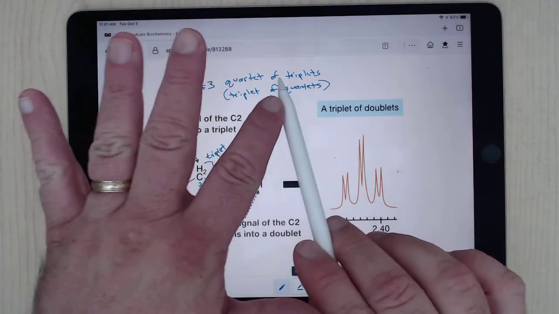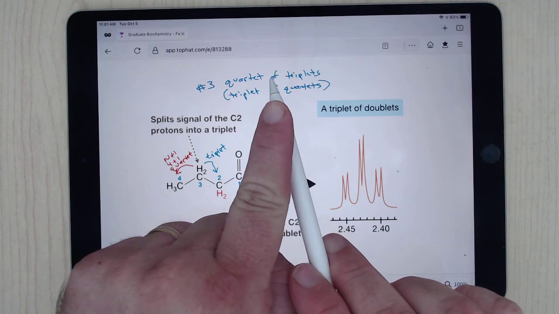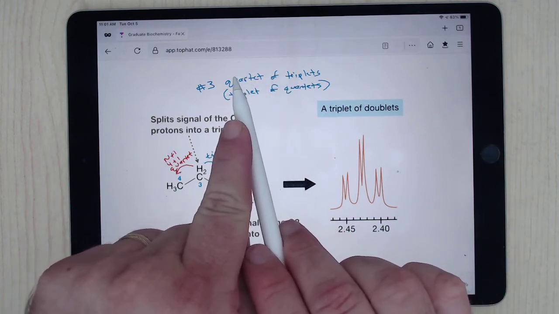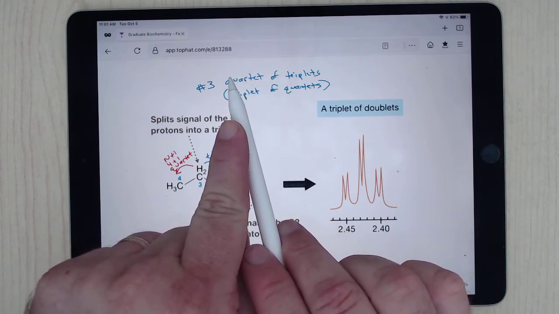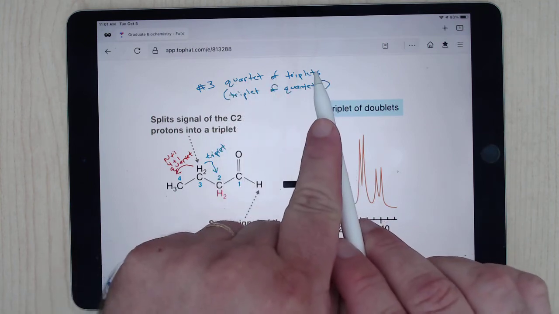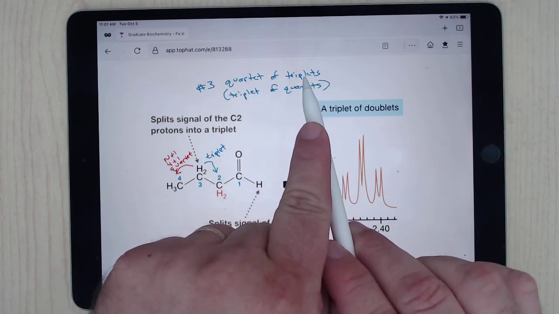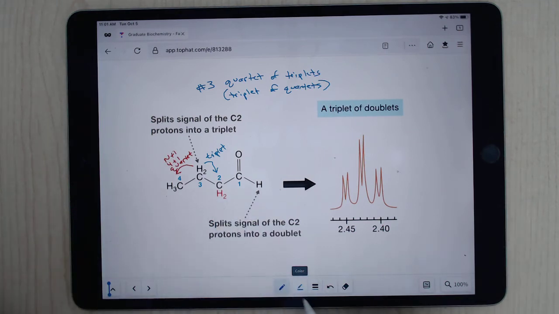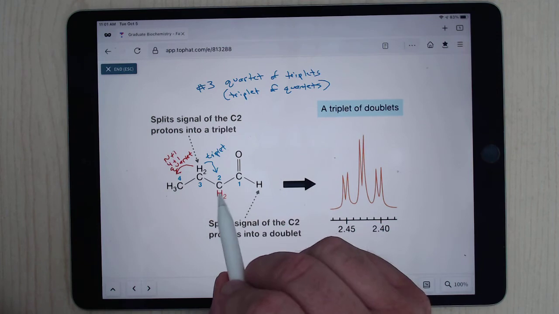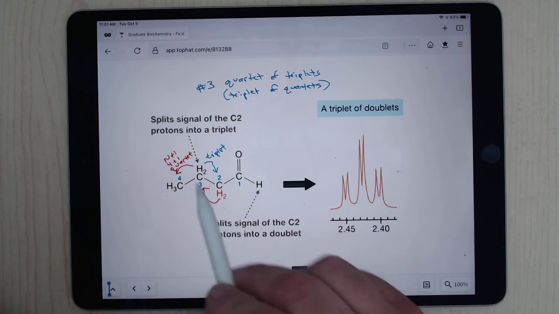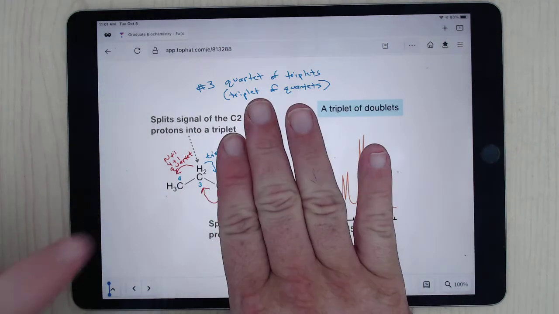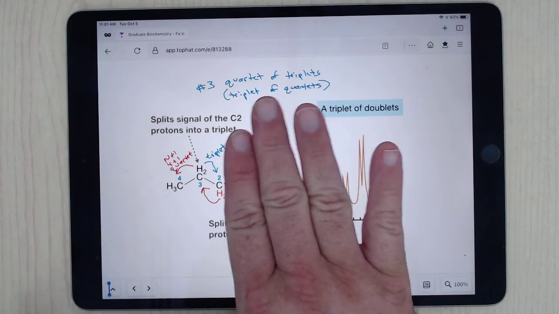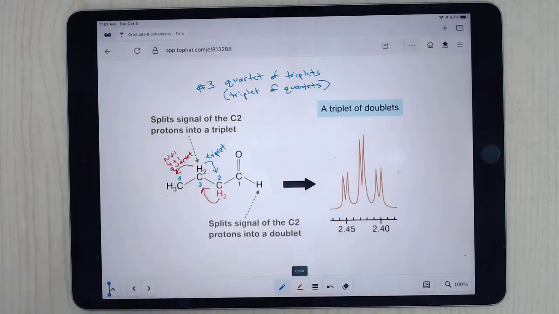All that means, whenever you see that, is that you have something on one side splitting you into a quartet, so you have a CH3, and something on the other side splitting it into a triplet, which would be a CH2. So all that means is that you've got things on either side that are splitting it. If we look at number 2, if we ignore the aldehyde, this is going to split it into a triplet.